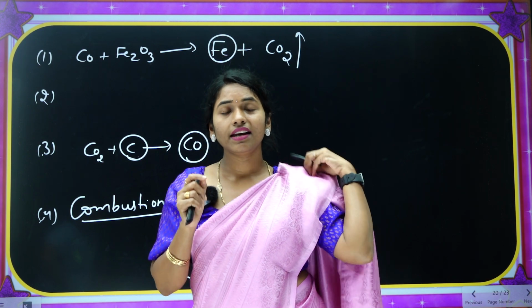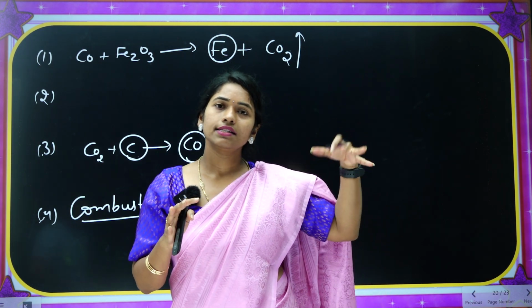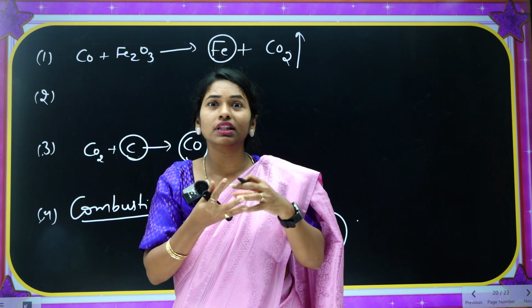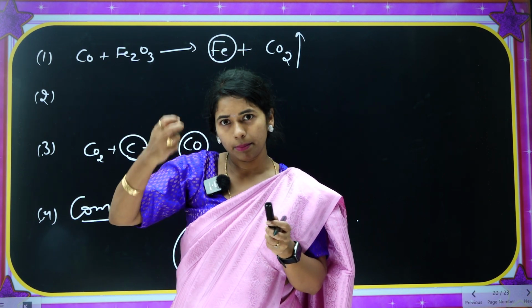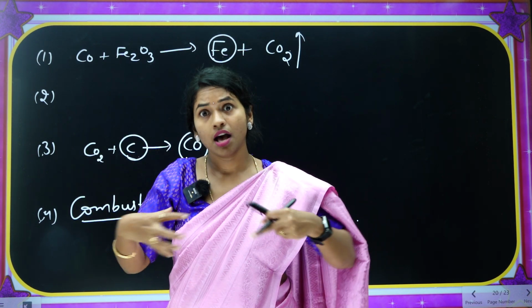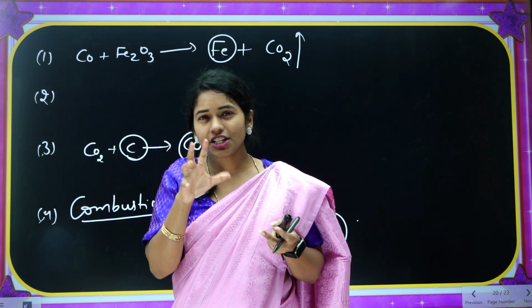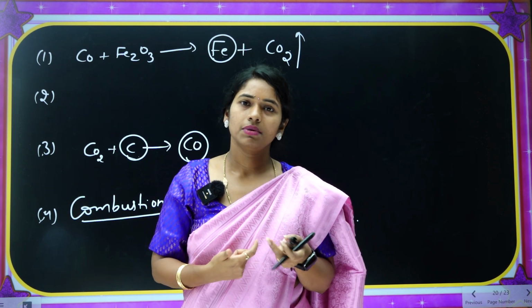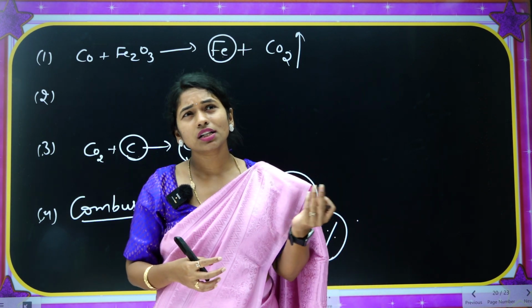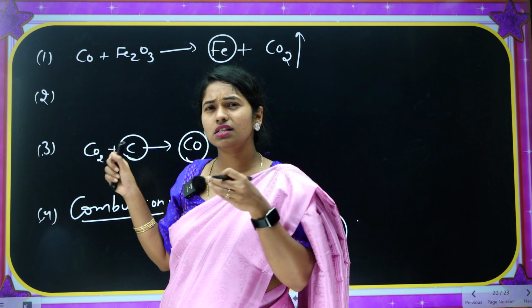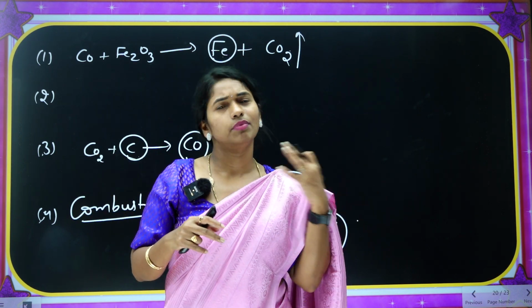Why the name pig iron is given: in the early days, they used to put the iron coming out into molds, and they used to cast it in a piggy shape. That's why the name pig iron came. A few others mention that impurities and dirt are added, which is why they kept the name pig iron.